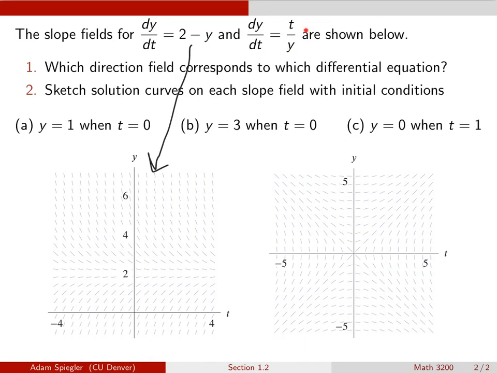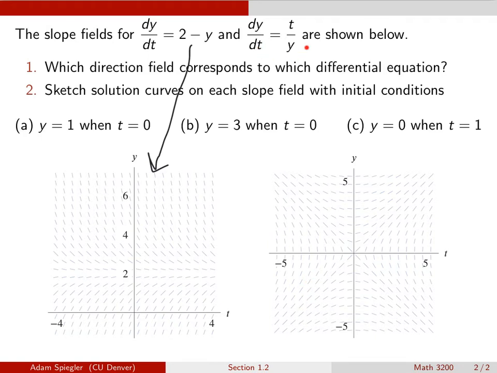This differential equation does depend on the independent variable, and now we can see as we move through this slope field, the line segments are changing their slope when we change t. So over here, if we fix a y value and we change t, these slopes are changing. When I fix a t value and move down a vertical line, we can see that for a fixed t value, when we change y, the slopes are also changing.